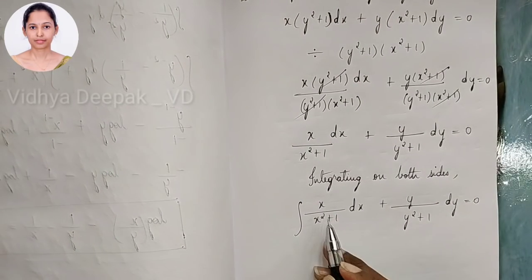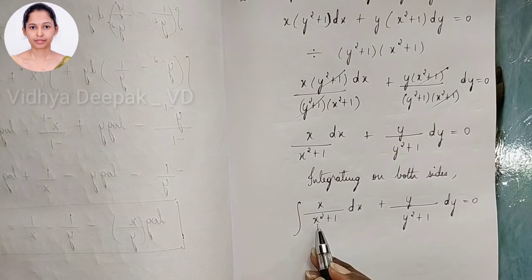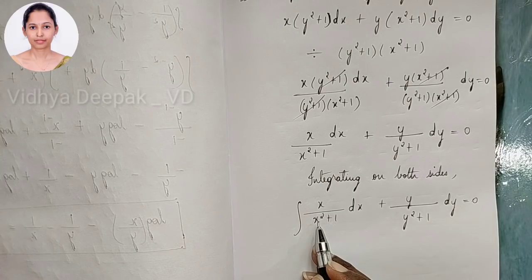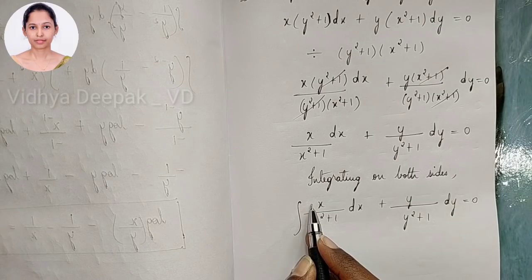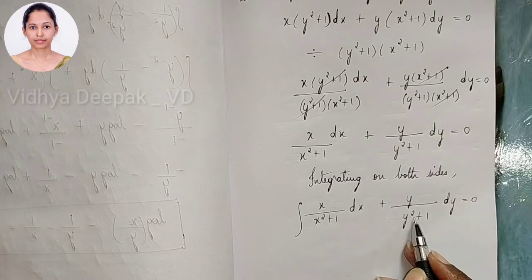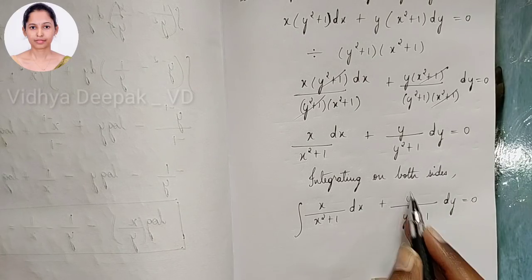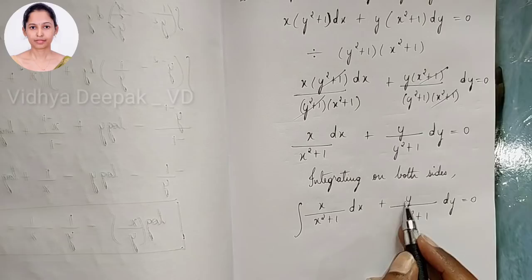Now if we see this problem properly, if this is f of x, and we want to get f dash of x here, differentiation of x square is 2x, so we are missing a 2 here. Here differentiation of y square is 2y, so we are missing a 2 here.